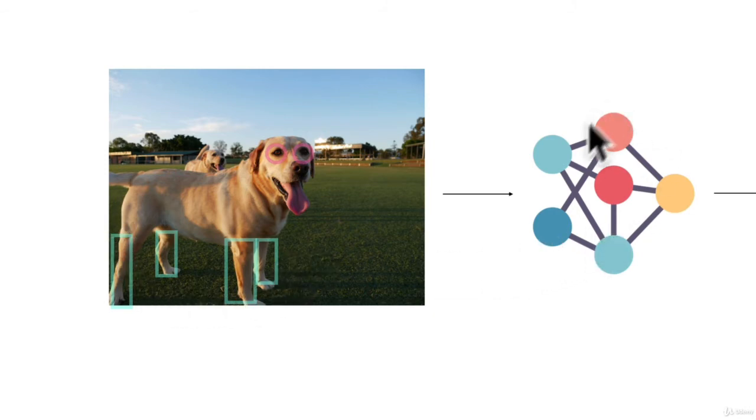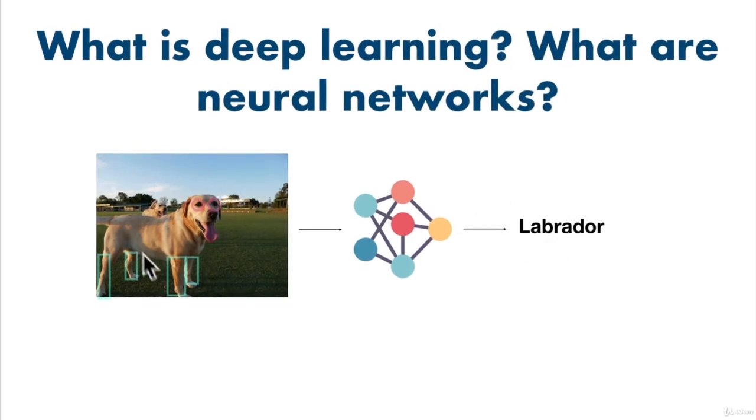A neural network might look at this image, convert it into numbers, and then go, okay, this little model here is going to remember what a leg looks like. And then this one here is going to remember what eyes look like. And then these ones, who knows what they're going to figure out. And then eventually we realize that this is an image of a Labrador, if our neural network is learning right.